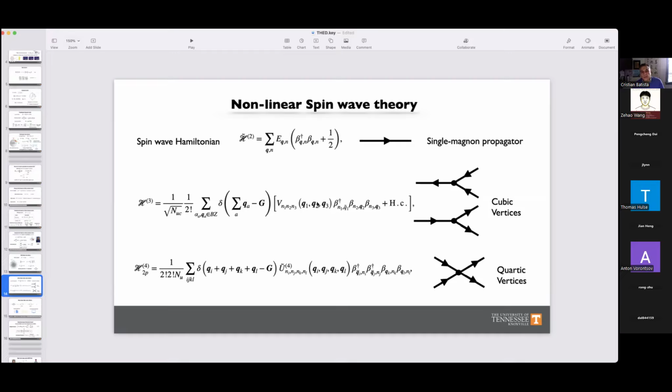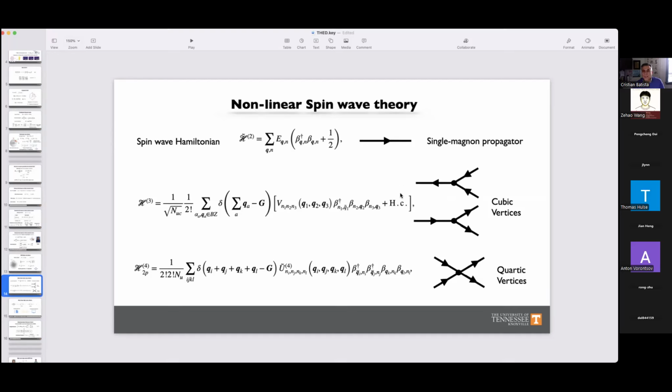Then there are the interaction terms, which can be cubic or quartic, that we can represent in this way because, for instance, here we annihilate two particles and we create a third one, right? These 2 particles can be magnons or quadrupolar waves, or the other way around. These are the so-called cubic vertices. Or we can also have quartic vertices, where we conserve the number of particles. We can also have vertices like this one that do not conserve the number of quasi-particles.